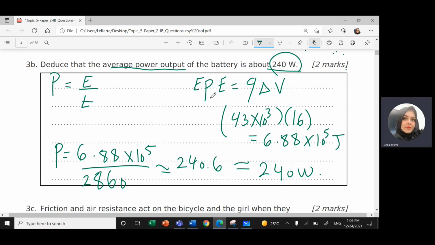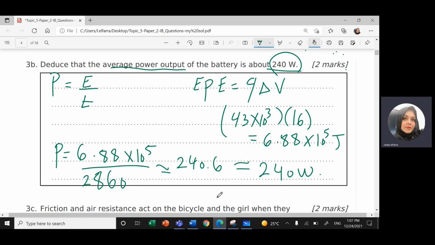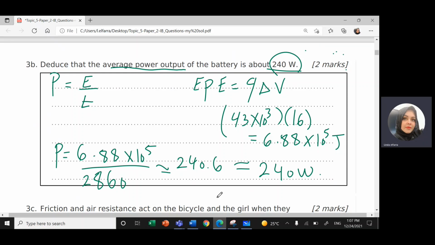Electric potential energy is converted to kinetic energy when the girl starts moving the bicycle. The girl rides a bicycle that is powered by an electric motor. A battery transfers energy to the electric motor.